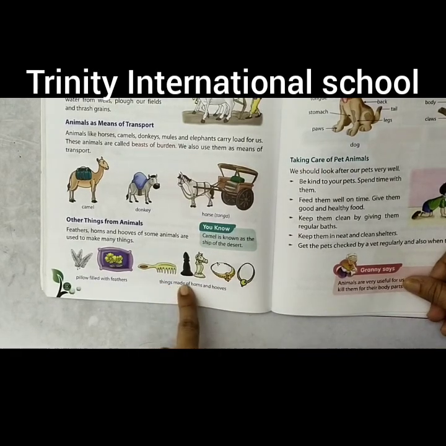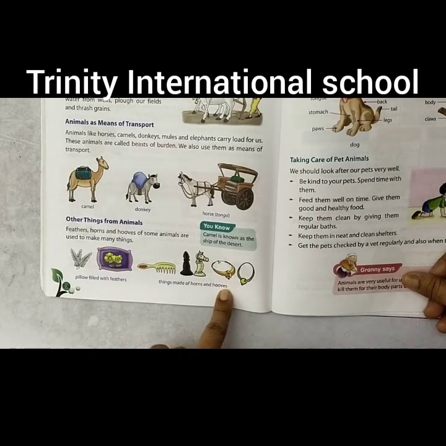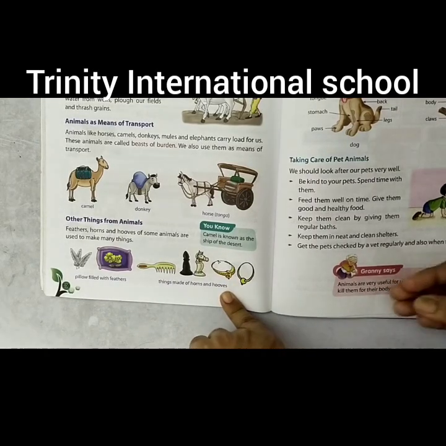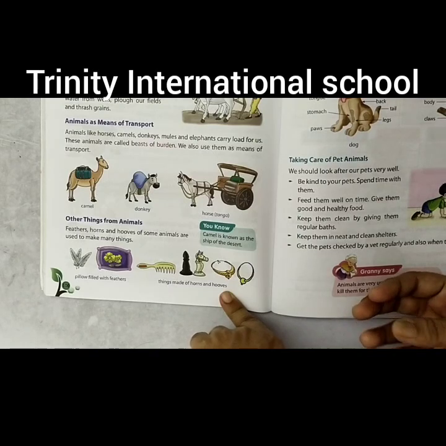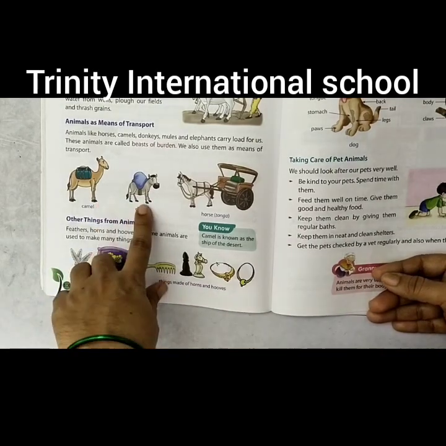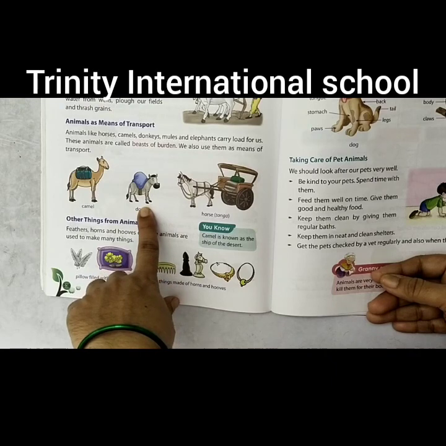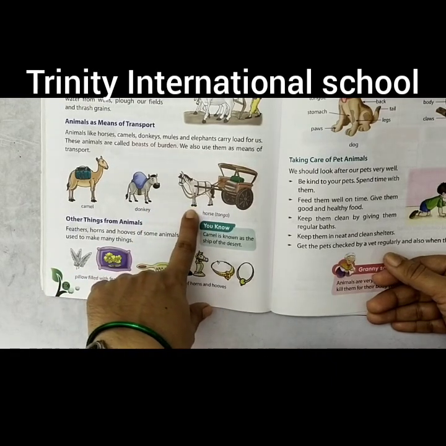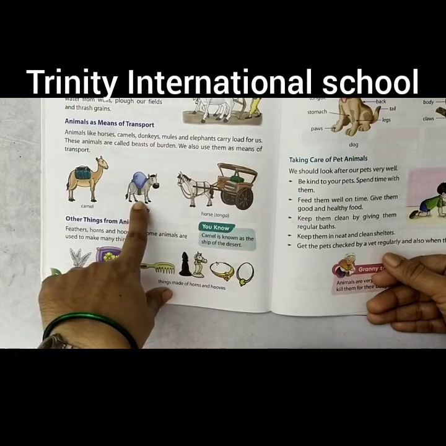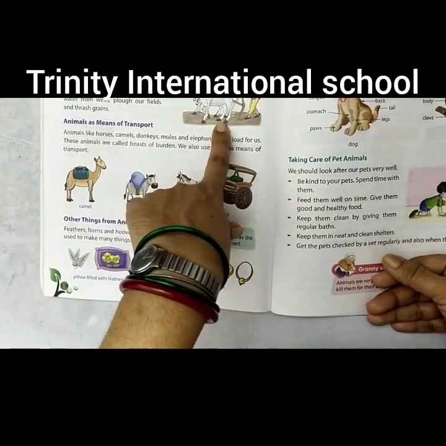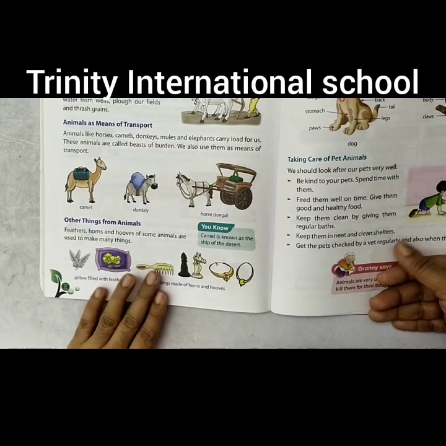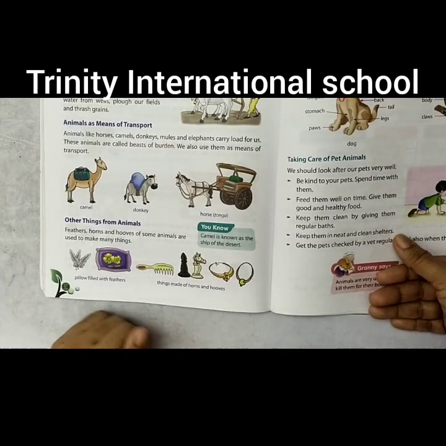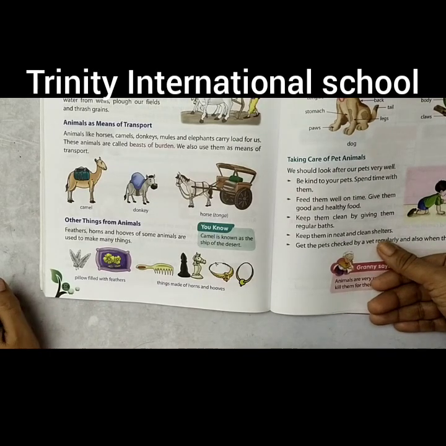तो you can see things made up of horns and hooves, मतलब वो जो इनका जो legs रहते हैं उसके नीचे जो hard रहता है ना animals के, देखिए ये black things. These all things are used, these are the hooves and they are also used to make different things.